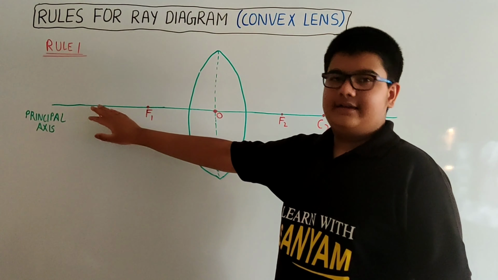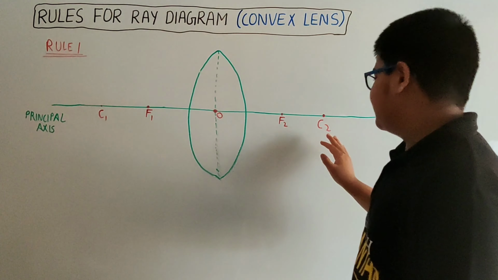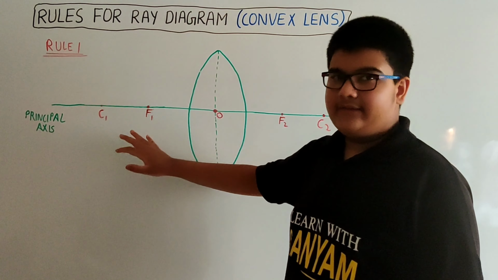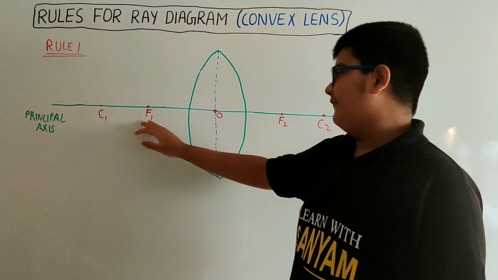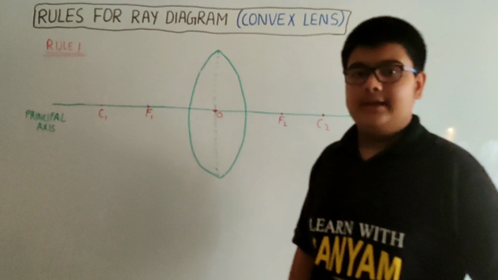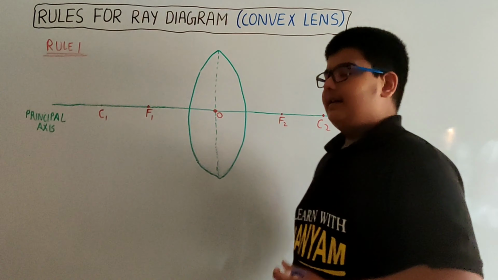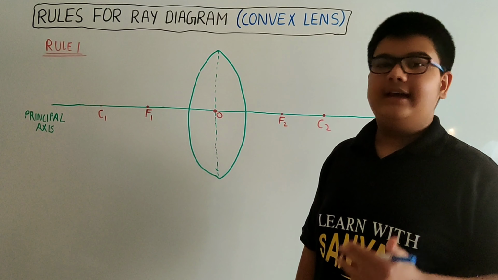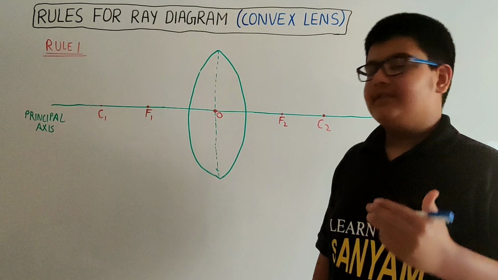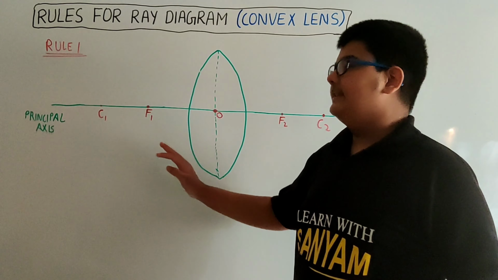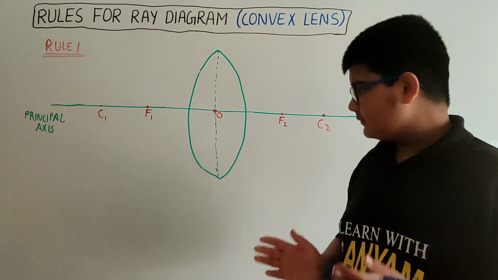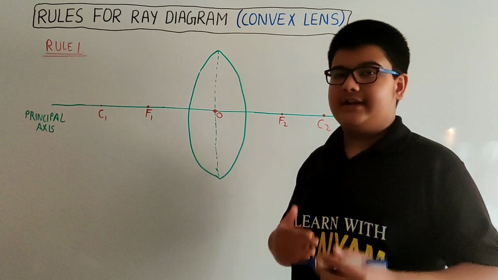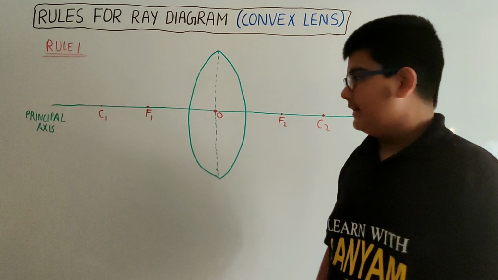And here we have the centers of curvature C1 and C2, and here we have the foci F1 and F2. Now, if you remember, there was a formula regarding the focal length and the radius of curvature. It says that the focal length is half of the radius of curvature, or the radius of curvature is twice the focal length.